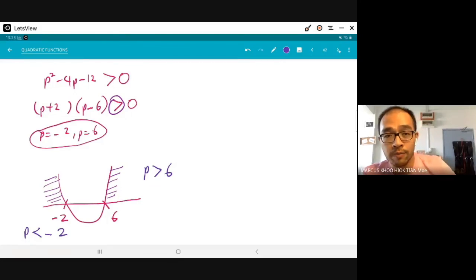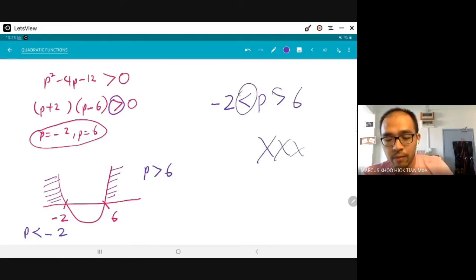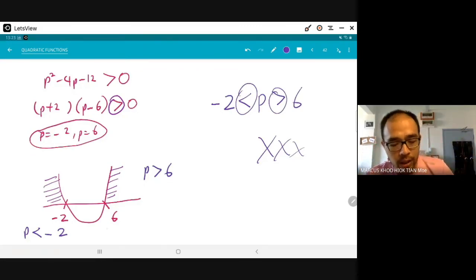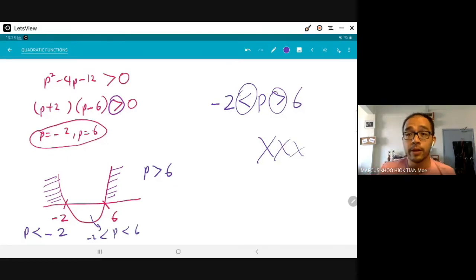Ramai orang akan jawab, yang paling saya pantang lah kalau orang jawab begini, p lebih daripada 6 dan begini. Astaga, tiada. Keadaan ini tidak wujud. There's no such thing. Tiada buka curtain macam ni, tiada. Okay, kalau dia dibawakan dia memang semua kedua-duanya adalah kurang. Okay, if this situation is negative 2 and 6. So be very careful people, okay, about how you answer this.